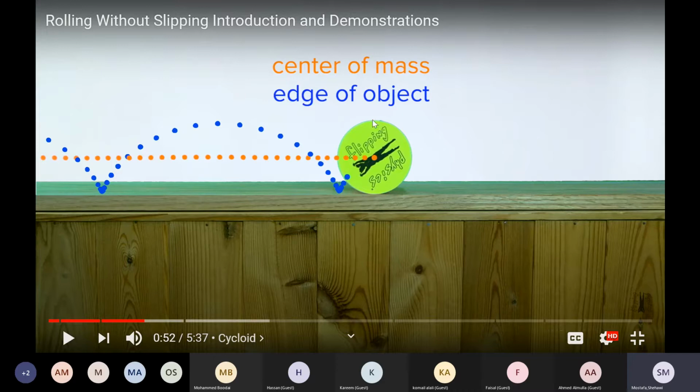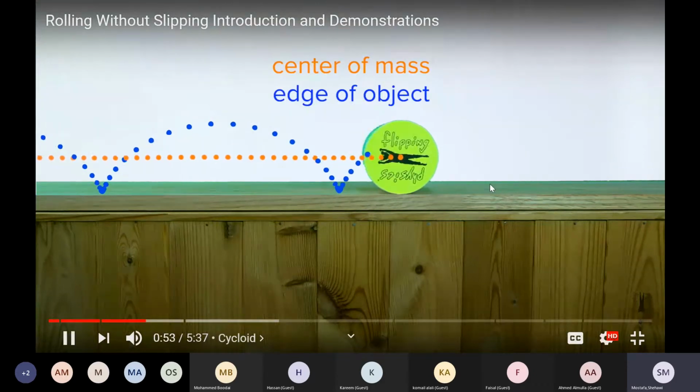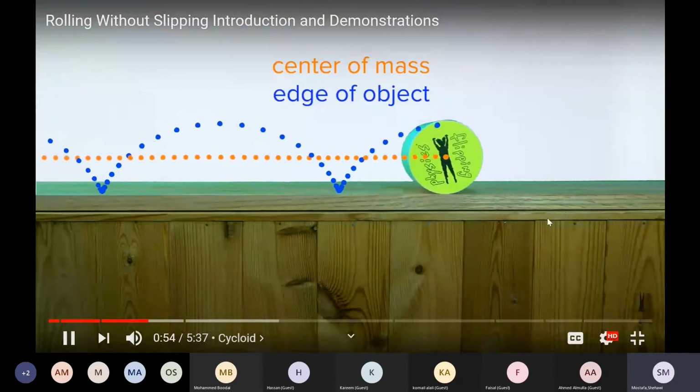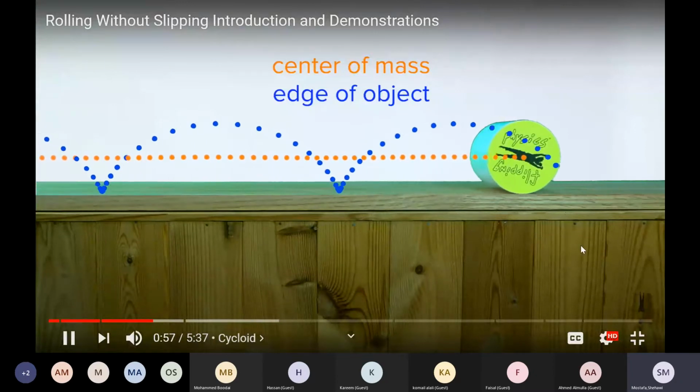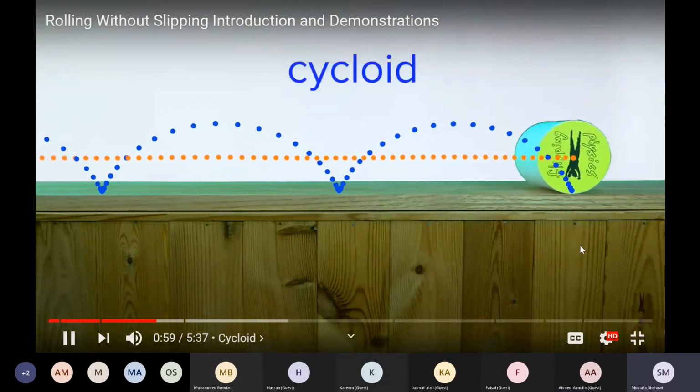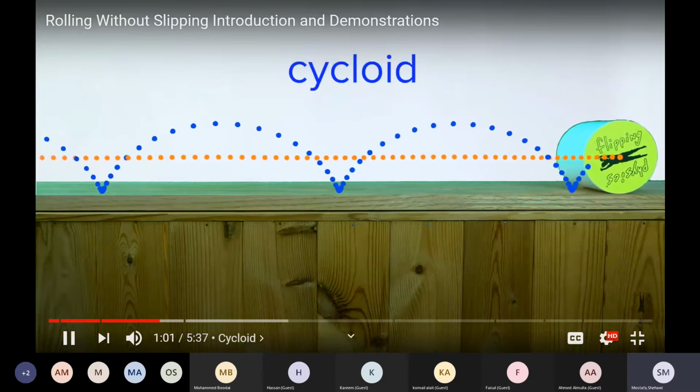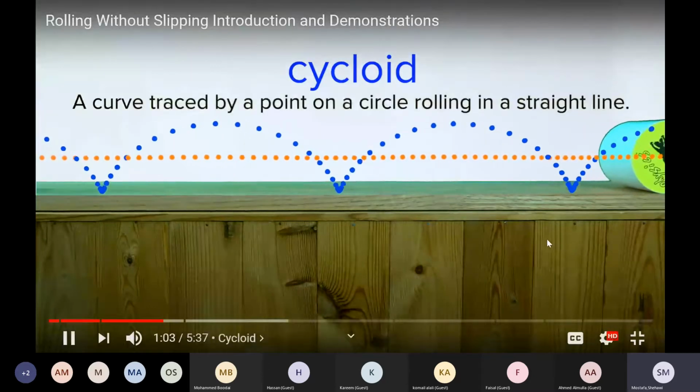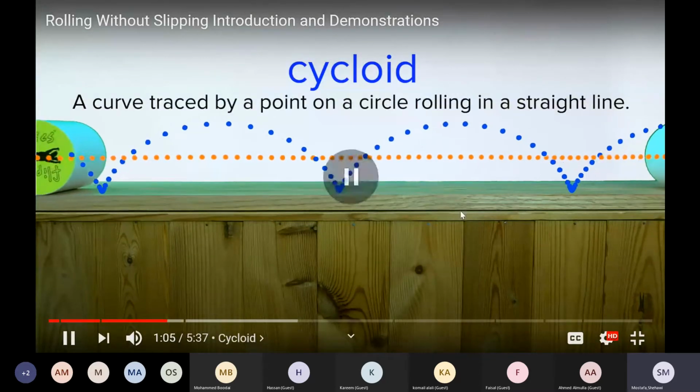Let's see how we can calculate the velocities of the blue point at different locations of the motion. The dot in blue, which is at the edge of the object rolling without slipping, traces a more complicated pattern. That's a cycloid. A cycloid is a curve traced by a point on a circle which is rolling along a straight line. This blue curve that you see is called a cycloid.